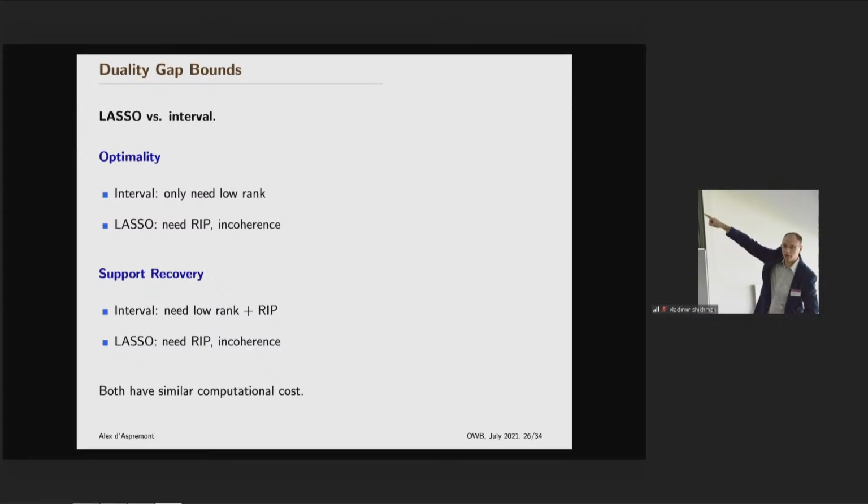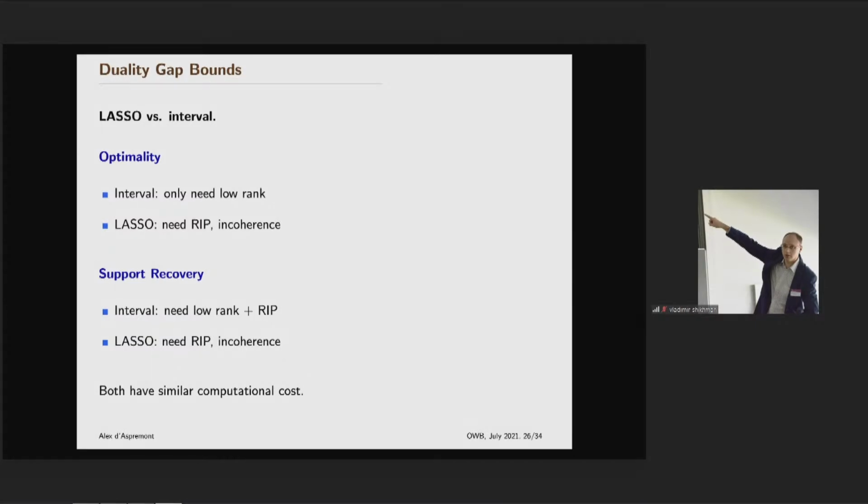So what's interesting is that this Shapley-Folkman geometrical statement gives you results that are very complementary to what you get with lasso. So for the interval relaxation, you only need low rank, right? For lasso, you need RIP and incoherence to show optimality.